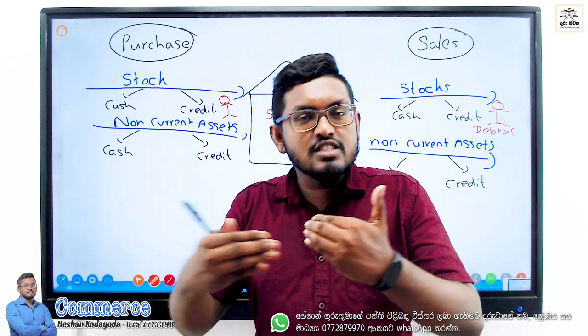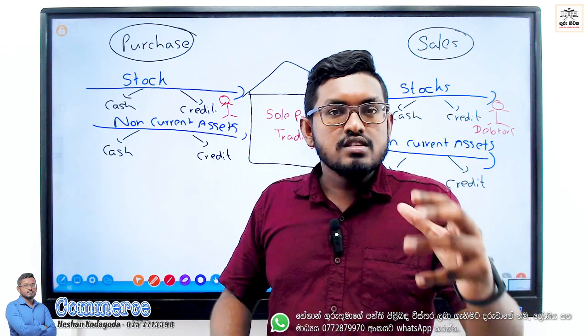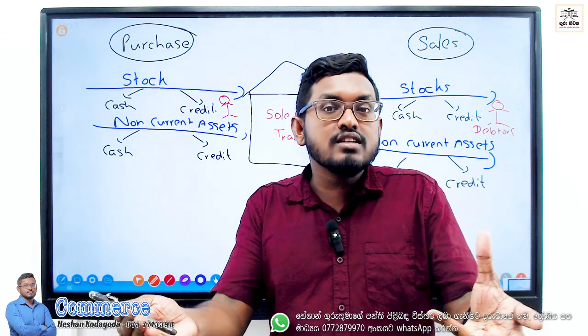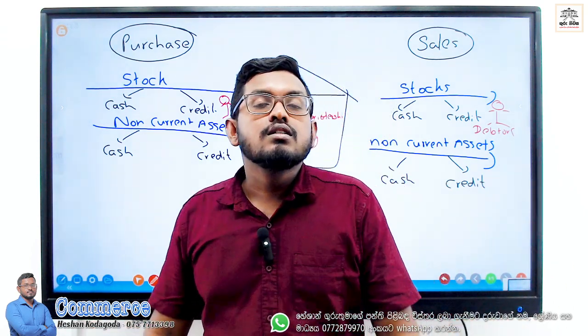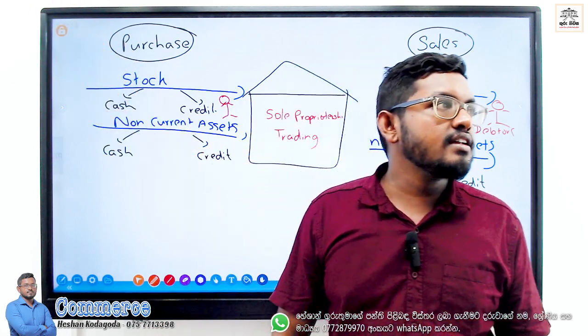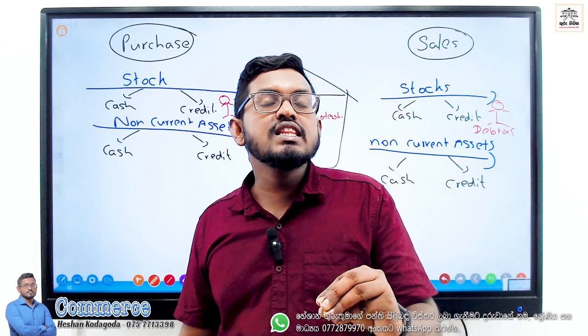The major difference between non-current assets and stocks is that stocks are for buying and selling purposes, while non-current assets are for long-term usage. Stocks are current assets. Clear, guys? You need to have a clear idea. Still, most of you are not okay with these things.